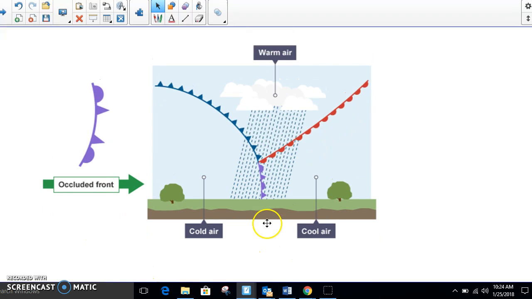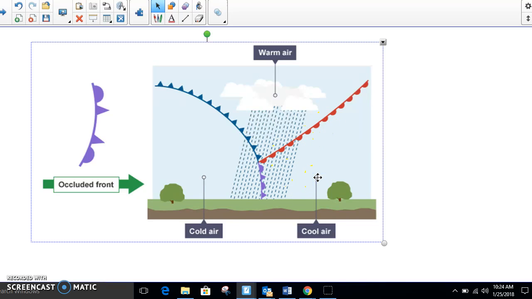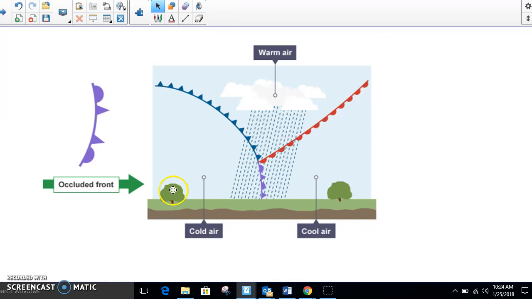So if you look at this diagram, you see the cold front moving in this direction, and the colder air is here in this section. The warm front is moving here, but is somehow trapped between this cold air and this cold front that is moving here. If you notice that these are the purple that signifies the occluded front.